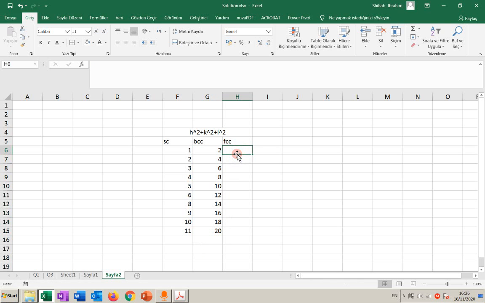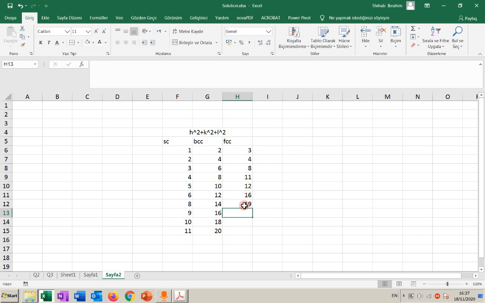For FCC, we said it's 3, 4, 8, 11, then it's going to repeat itself in this manner. Will be 12, will be 16, then will be 19, and then we'll go further. We'll write them when we need them.